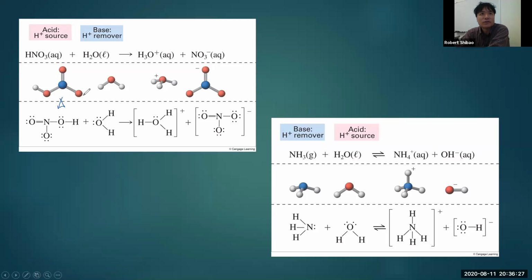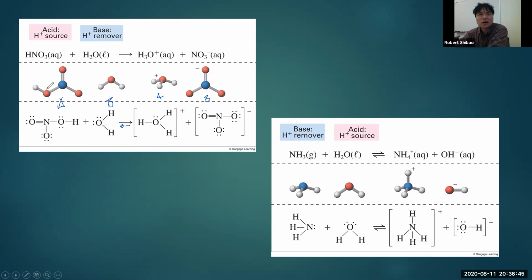This is the acid going forward, and this is the base going forward. If we were to reverse this reaction, then hydronium loses the proton and nitrate gains it. So this is the acid, this is the base.